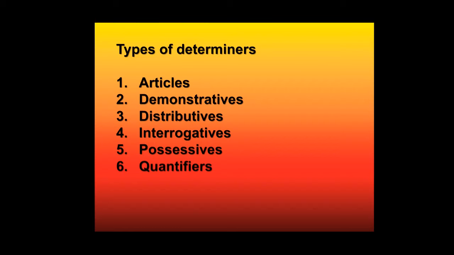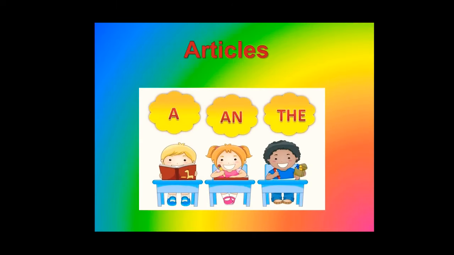So let's start. We have 6 types of determiners: articles, demonstratives, distributives, interrogatives, possessives, and quantifiers. We will start with the articles. In articles we study these 3 words: a, an, and the. A and an both mean one, whereas the doesn't mean anything, but it's very essential to use with some special nouns.